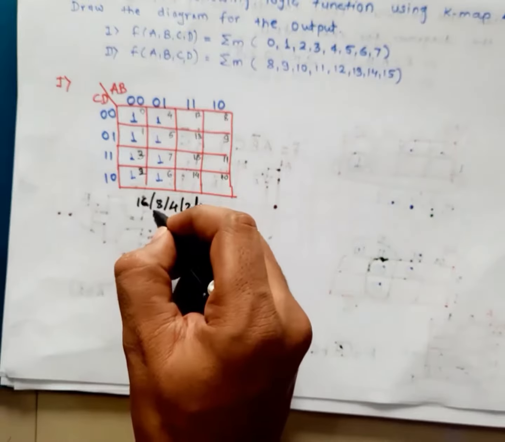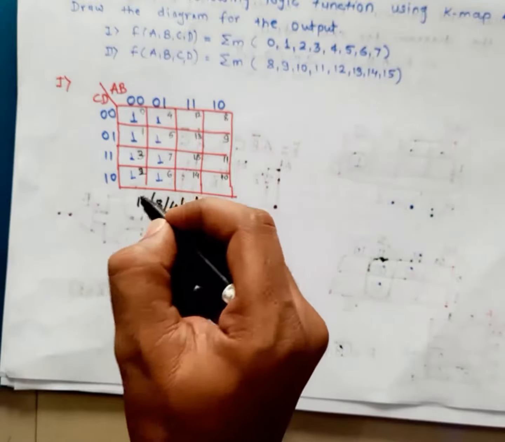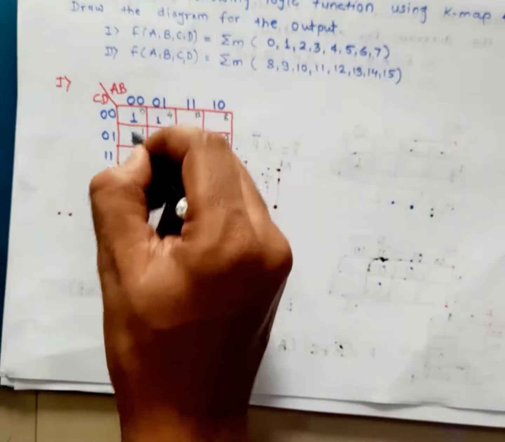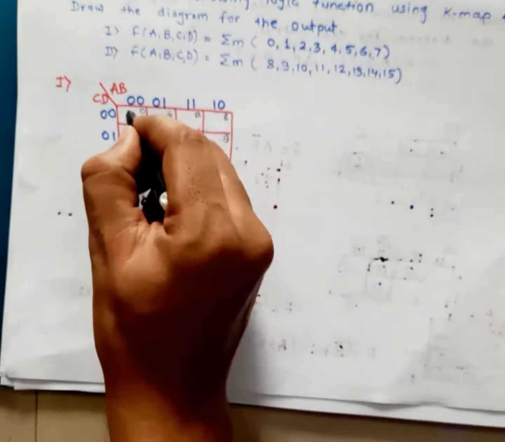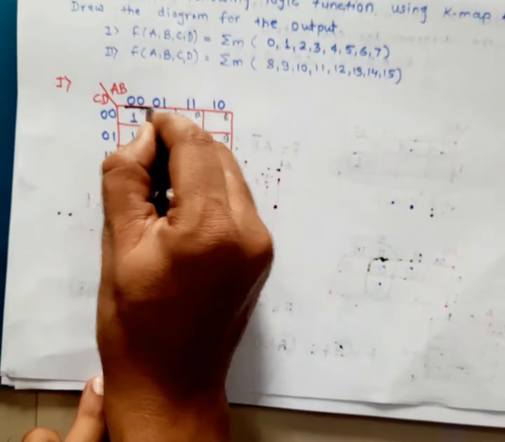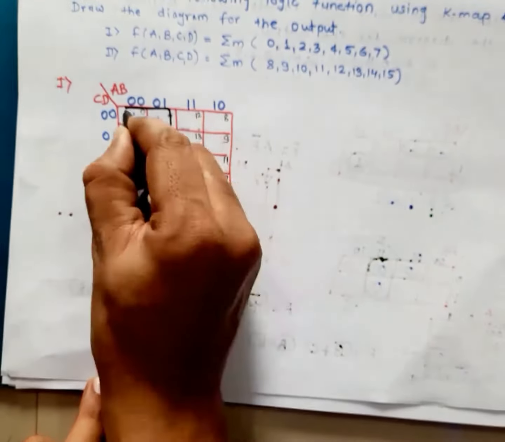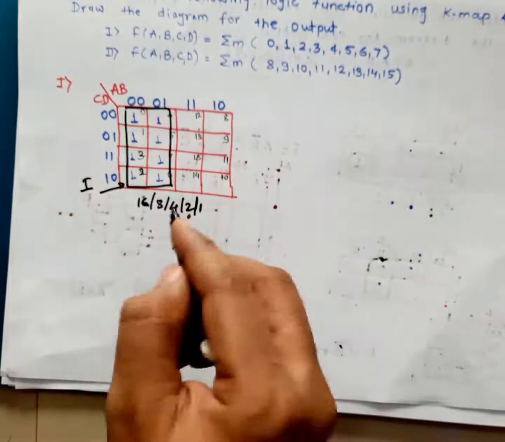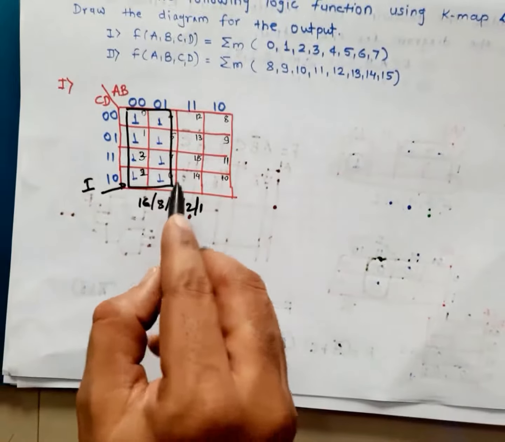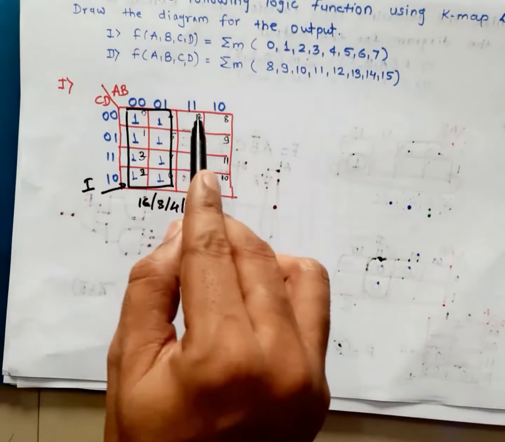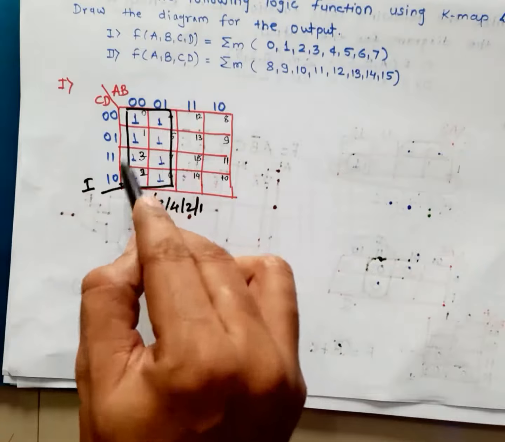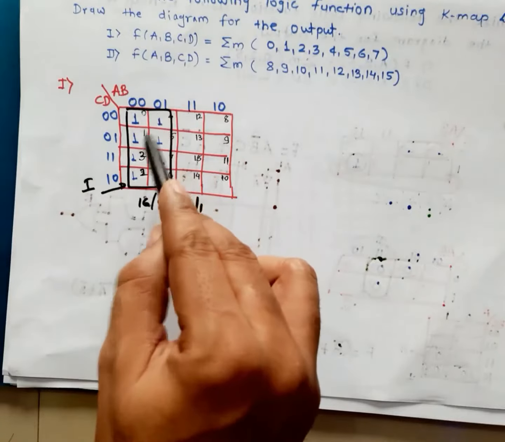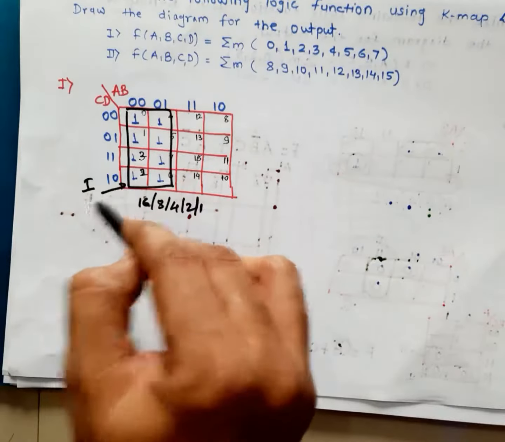Okay, now a group of 8 cells, yes, it is possible. See, it is a vertical group, and we can easily make a group of these 8 cells. So one group. Are there any other cells which contain high values? No, because in a single group of 8 cells all high values are covered.